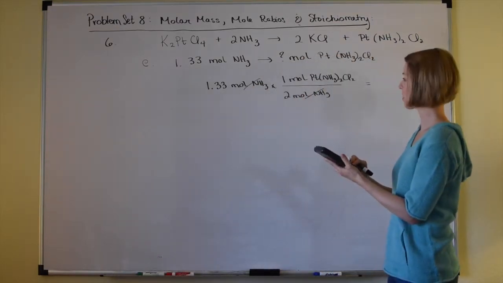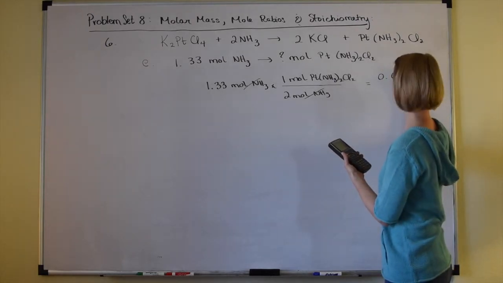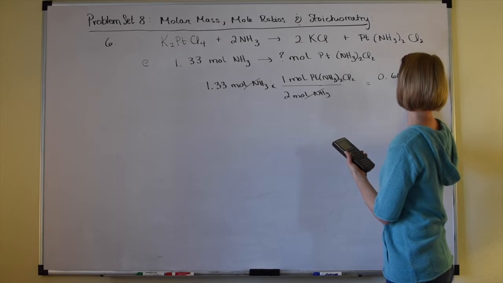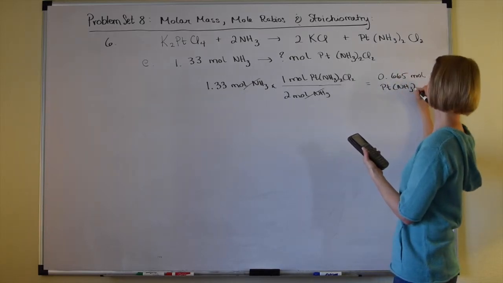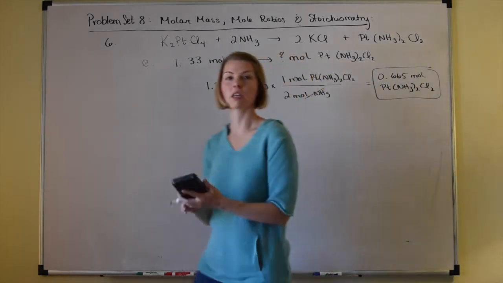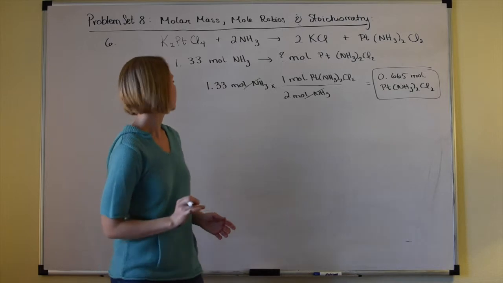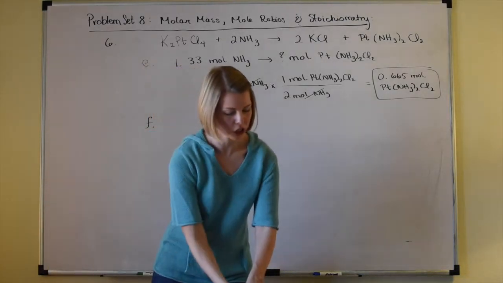All right, so 1.33 divided by 2, and we're done. We get 0.665 moles of the cisplatin. All right, so I think we can fit in F and hopefully also G.